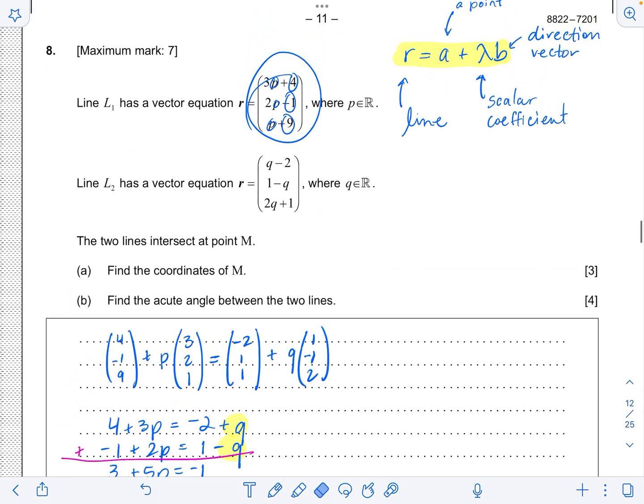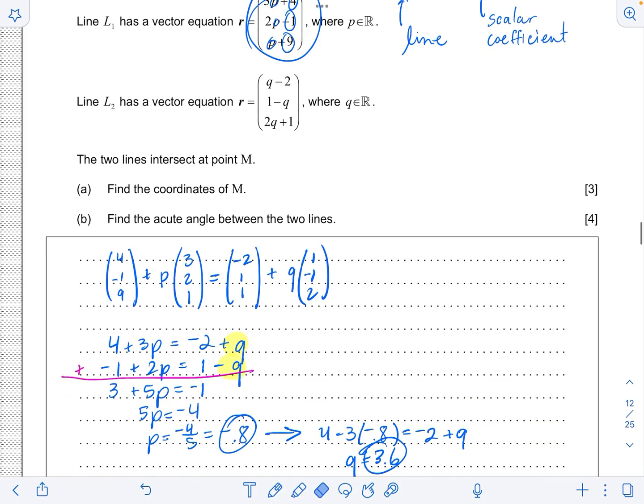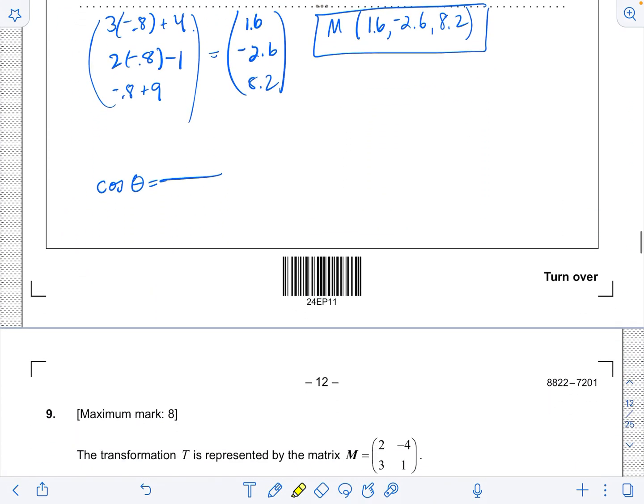So the direction vectors, like I said back from this original equation, r equals a plus lambda b, the direction vector is b. And so our two direction vectors are basically the coefficients of the variable. So our direction vectors are 3, 2, 1 and 1, negative 1, 2.